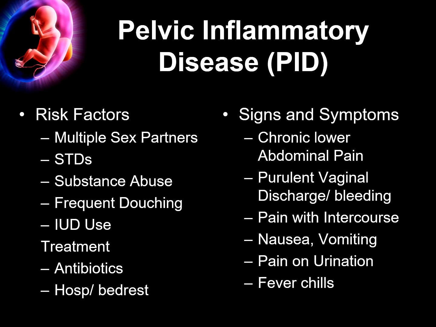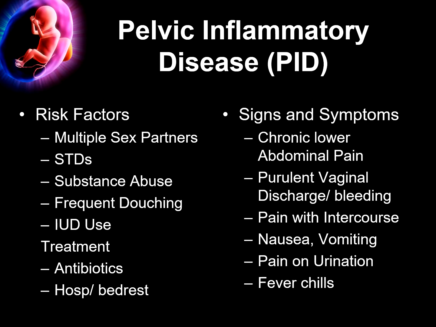The risk factors for pelvic inflammatory disease include multiple sex partners, having sexually transmitted diseases, and substance use, because we're not in control when we abuse substances, so it leads to risky behaviors. Frequent douching can cause pelvic inflammatory disease.